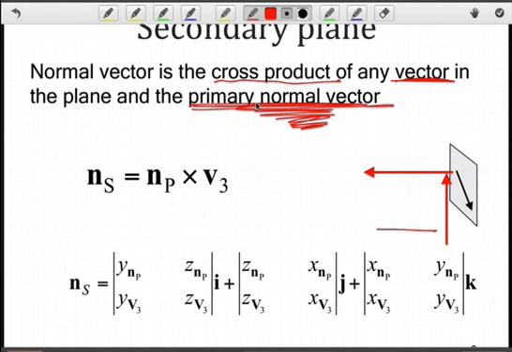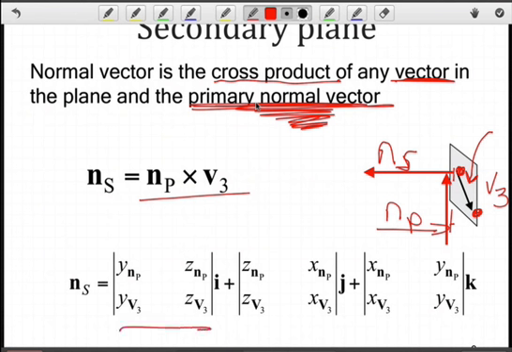So here is NP, that we already calculated. And here is any vector in this secondary plane. By any vector, we really mean any 2 points. So I've got 2 points here describing this vector V3. And if I cross that with NP, then I'm going to get a vector NS perpendicular to that plane.